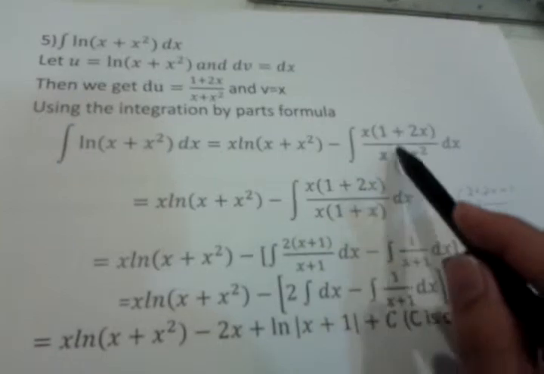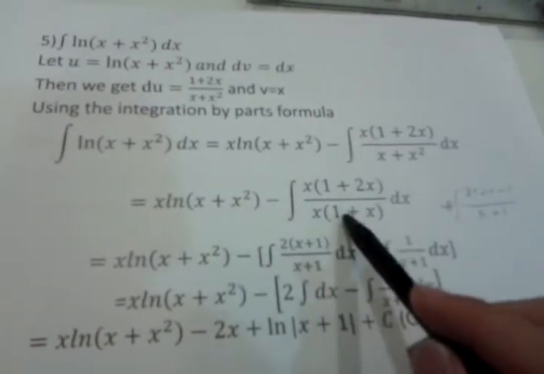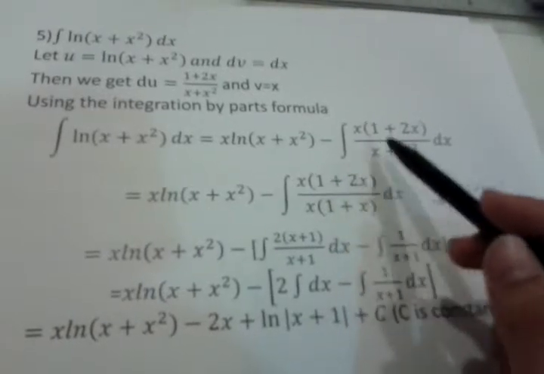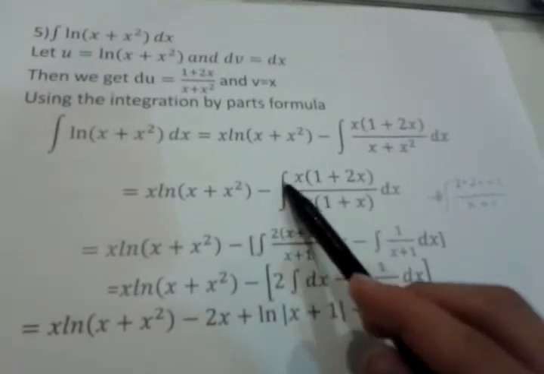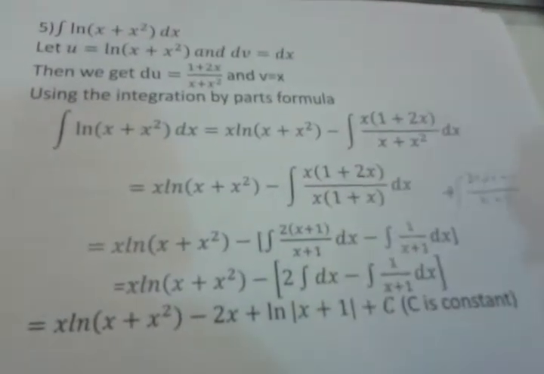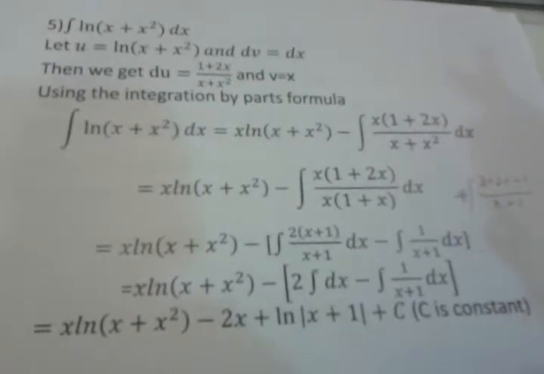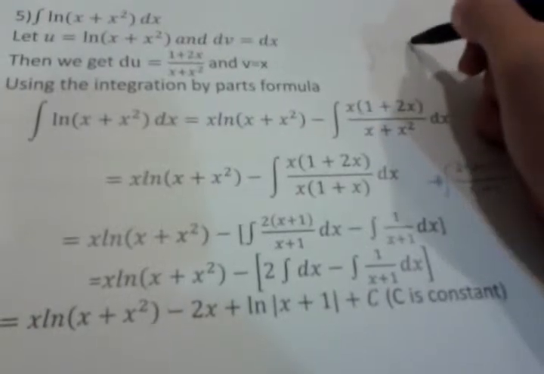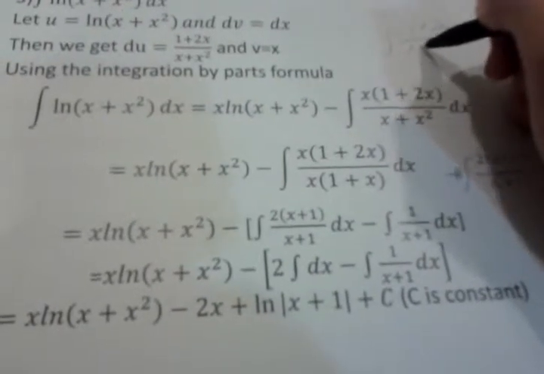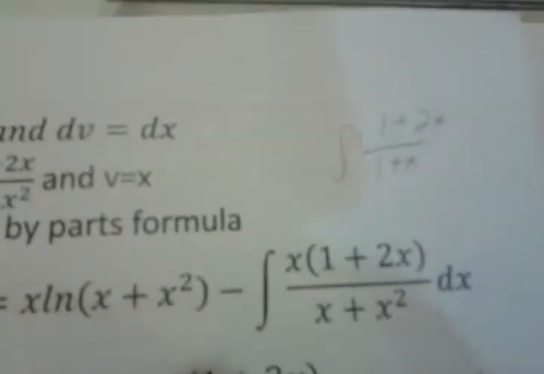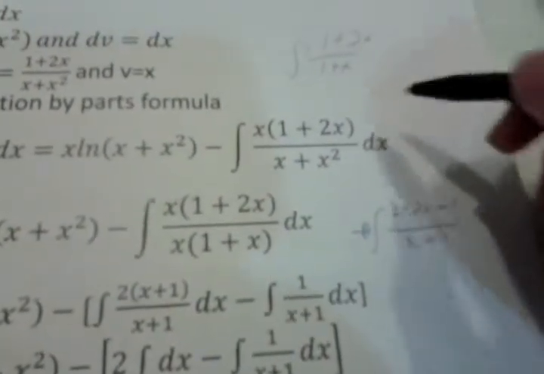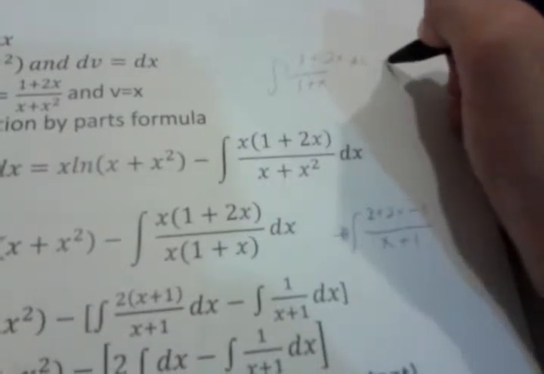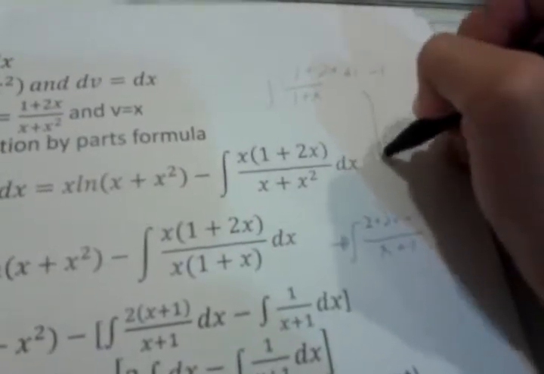And we just make this simpler, then we must take out the x here. And when we take out the x, we must cross out the x. And because we can't integrate this, we plus a 1 here and minus a 1, that will come back here.